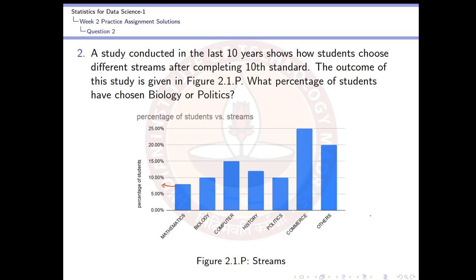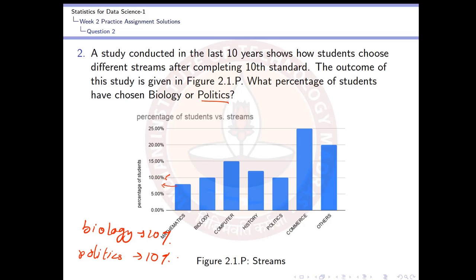Now it's asking what percentage of students have chosen biology or politics. As we know, in the bar chart, the length of the bar shows the frequency of that bar. So for biology, around 10% of students choose biology. And the students who choose politics are again 10%.